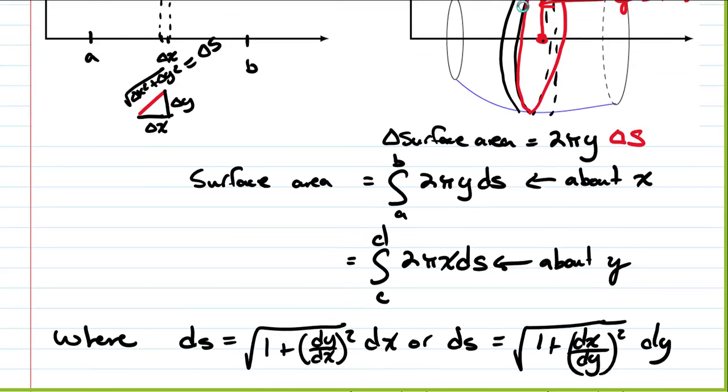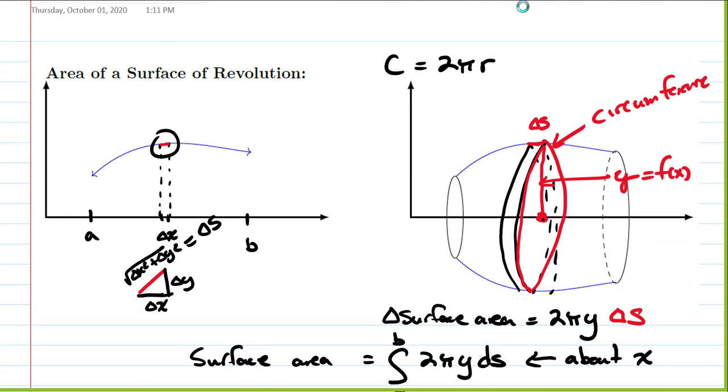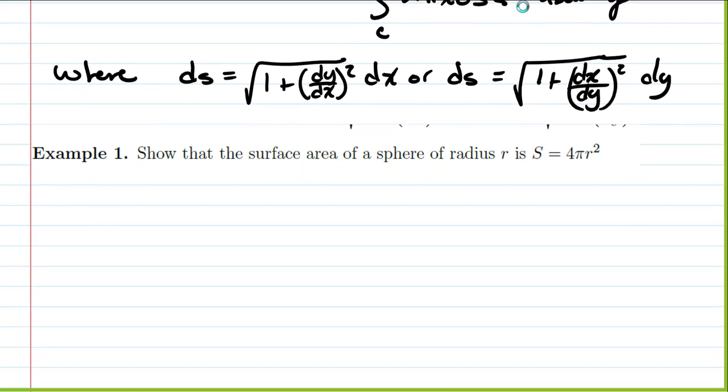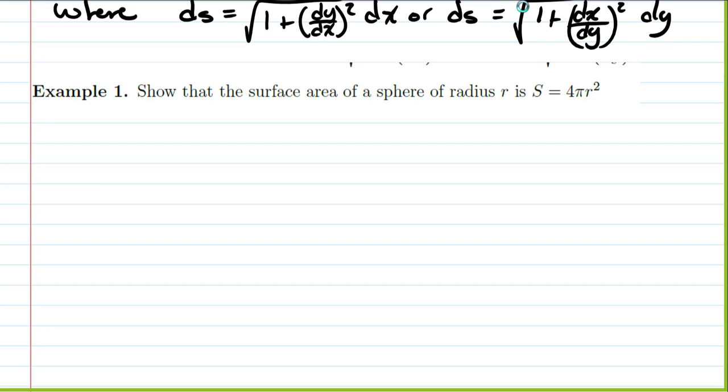We need a surface, so a surface of revolution. So what type of geometric figure would we need to rotate in order to get a sphere? A circle. Specifically, not the whole circle, just half of a circle, right? So if you have half a circle and you do a rotation, it will make a sphere.